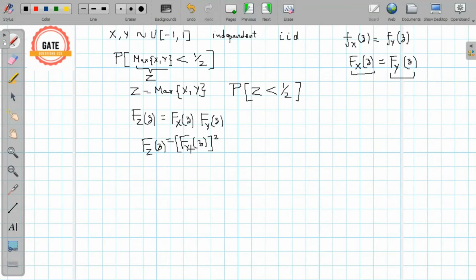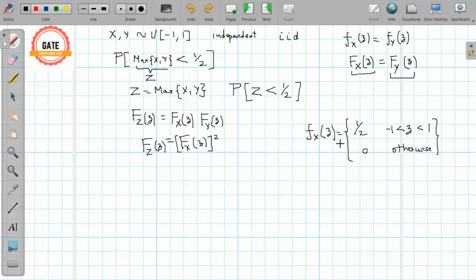So now all we need to find is the CDF of x, and from the definition of uniform distribution we know that the PDF of x for some sample value small z will be equal to 1 by 2 in the range when z is lying in -1 to 1, and 0 for all other values of z.